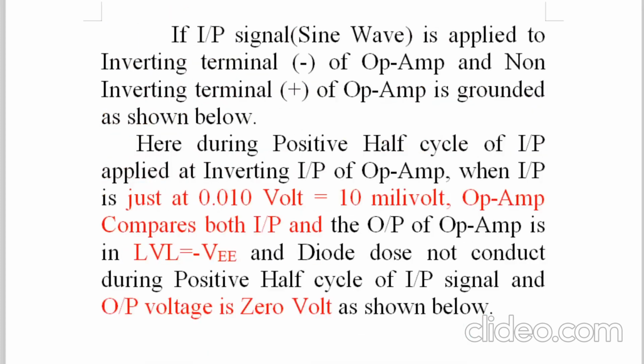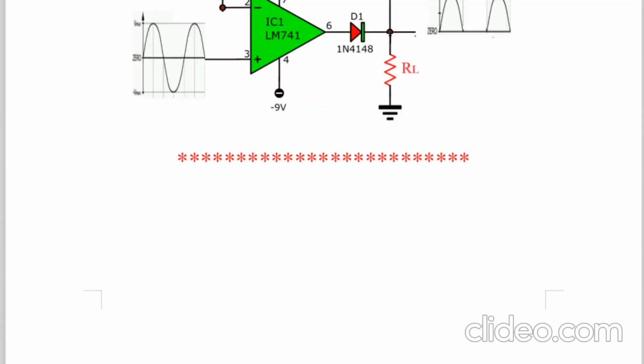See here, during the positive half cycle of the input applied at the inverting input of the op-amp, when the input is just at 0.01 volt, that is 10 millivolt, the op-amp compares both inputs. Both means which? Both means these two.